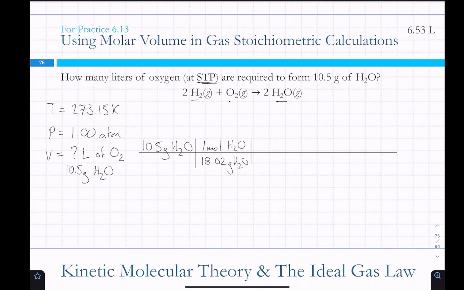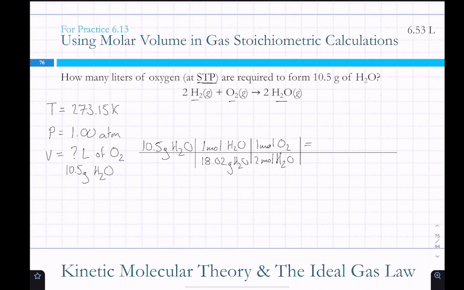And now we want to know how many moles of oxygen there are. So what's the mole ratio? 1 for every 2 water. So we put the 2 moles of water down here, and we're getting that value from the balanced chemical equation. And then 1 mole of what we're looking for, which is the oxygen. So that's our mole ratio, and that'll give us moles of oxygen.